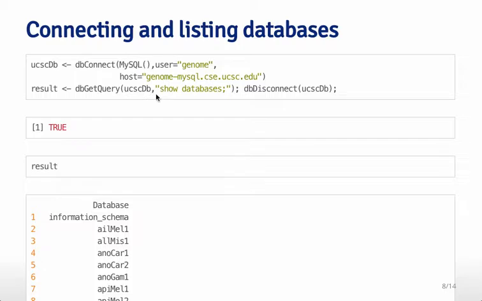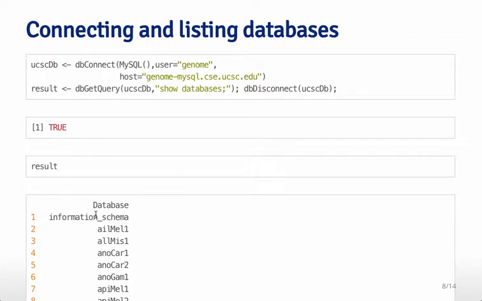Then at the end, after I run that command, I'm going to use dbDisconnect, so I'm going to disconnect from the MySQL server. It's very important that whenever you're done analyzing data or collecting data from a MySQL server, you disconnect from that server. And you should get a TRUE response. That TRUE is coming from dbDisconnect because it's saying that we did, in fact, disconnect from the server.